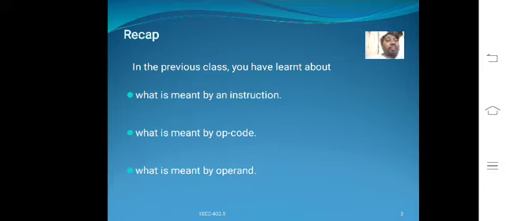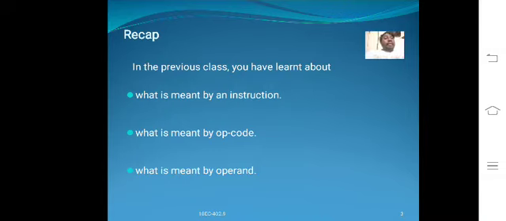That discussion is completed. Now, instruction. In the previous class we also discussed instructions, taking examples of 3 different instruction formats. What is an instruction? An instruction is nothing but a command.